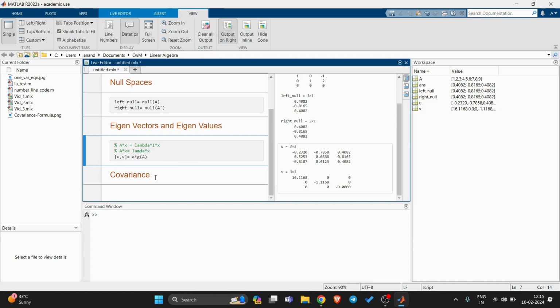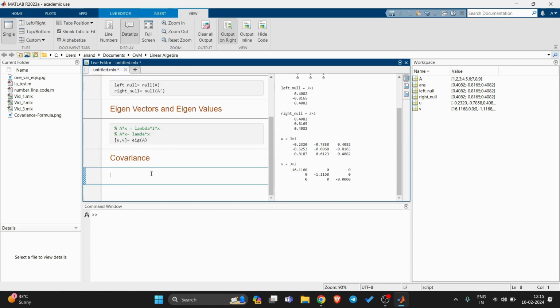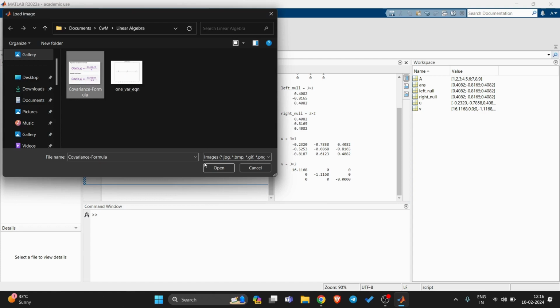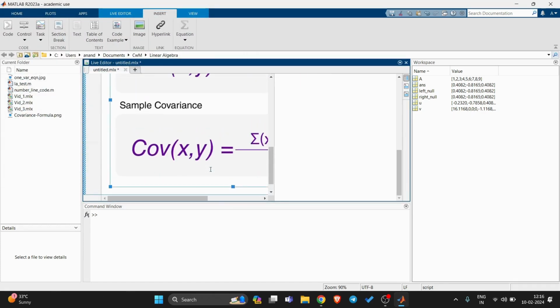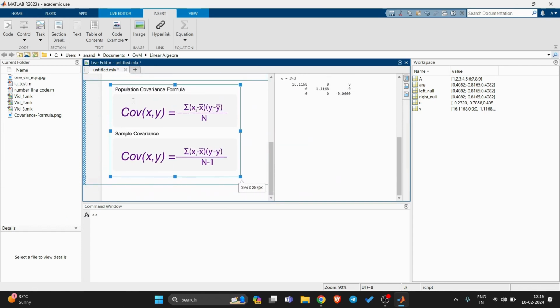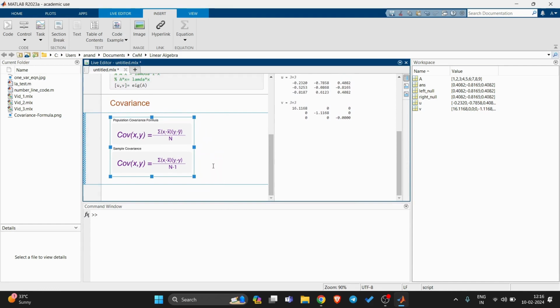Now we have the cov function to find the covariance of a data set. There are two types of covariance. As you can see here, we have two equations for covariance: the population covariance formula and the sample covariance formula.